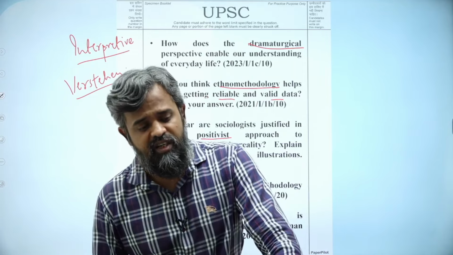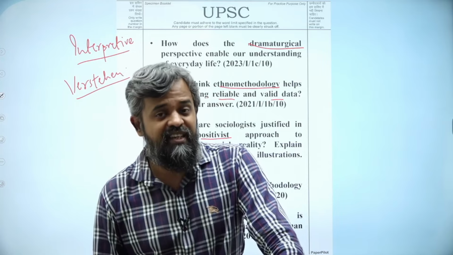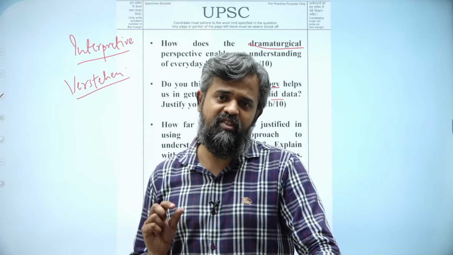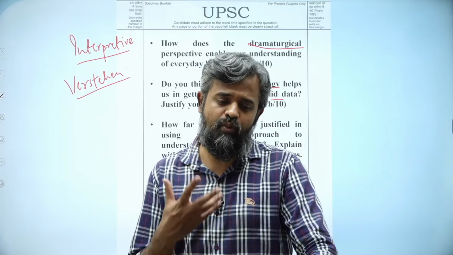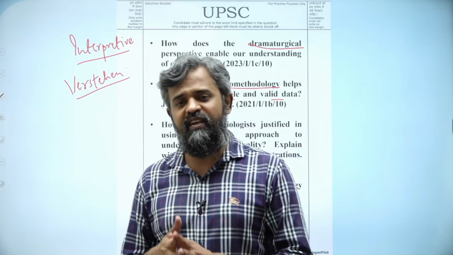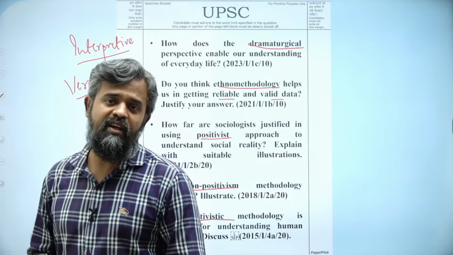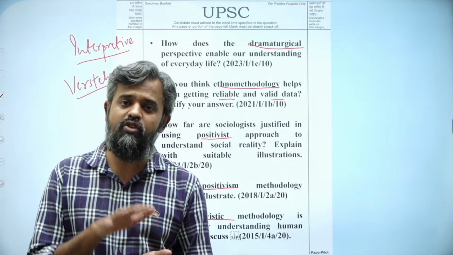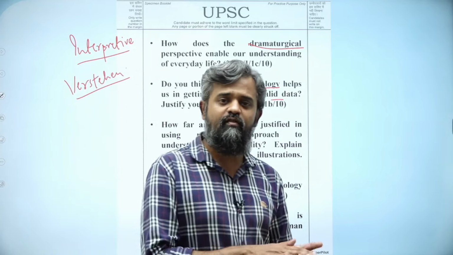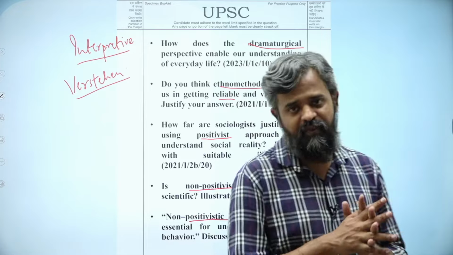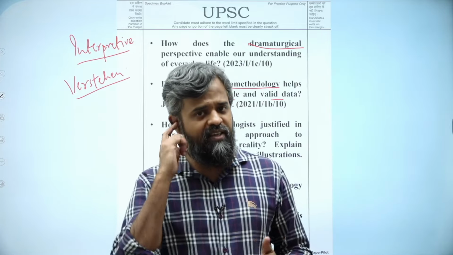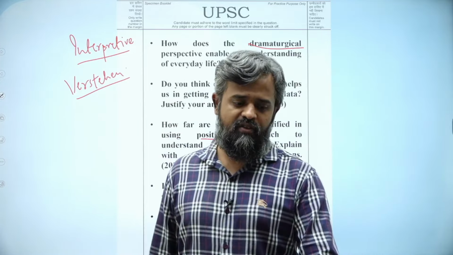And the third criticism is that it has been regarded as an inadequate account of action. Why? Because it remains excessively individualistic. It does not look at the various ways in which social structures actually influence actors, right? So it presents an inadequate account of action.